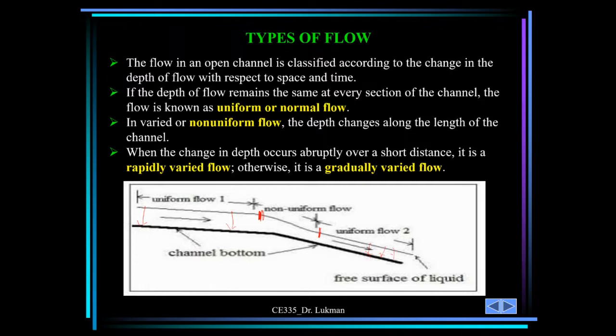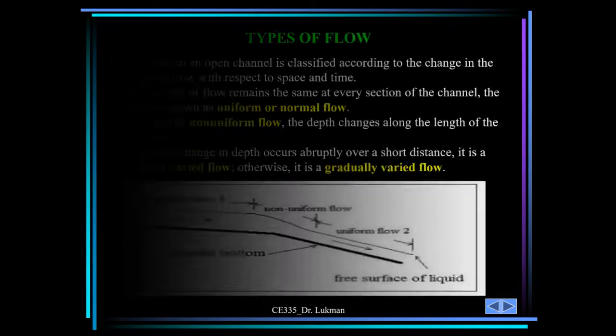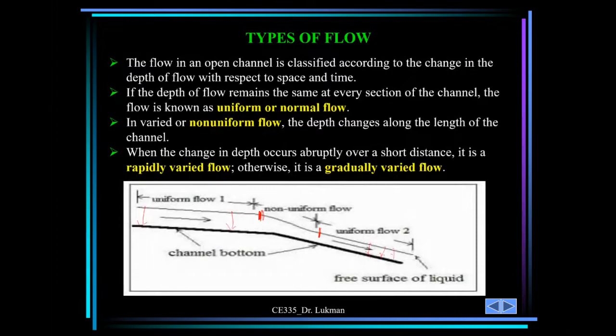Gradually means the flow changes over some distance, taking some time and distance to change. Probably if time permits, I may add some things on the gradually varied flow aspect.